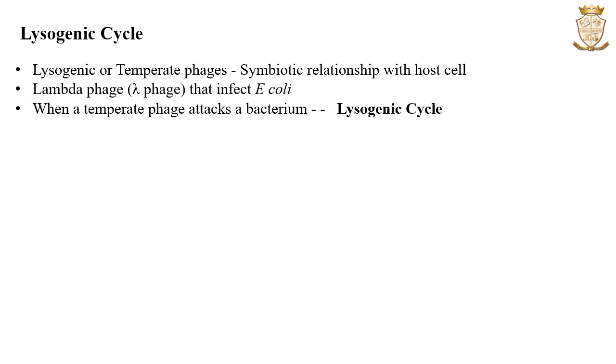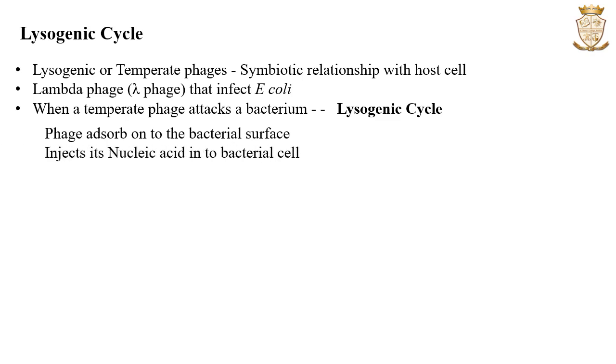When a temperate phage or a lysogenic phage attacks a bacterium, then the lysogenic cycle occurs. Here, the phage adsorbs onto the bacterial cell surface and injects its nucleic acid into the bacterial cell, but after entry into the host cell, there will not be any phage replication.